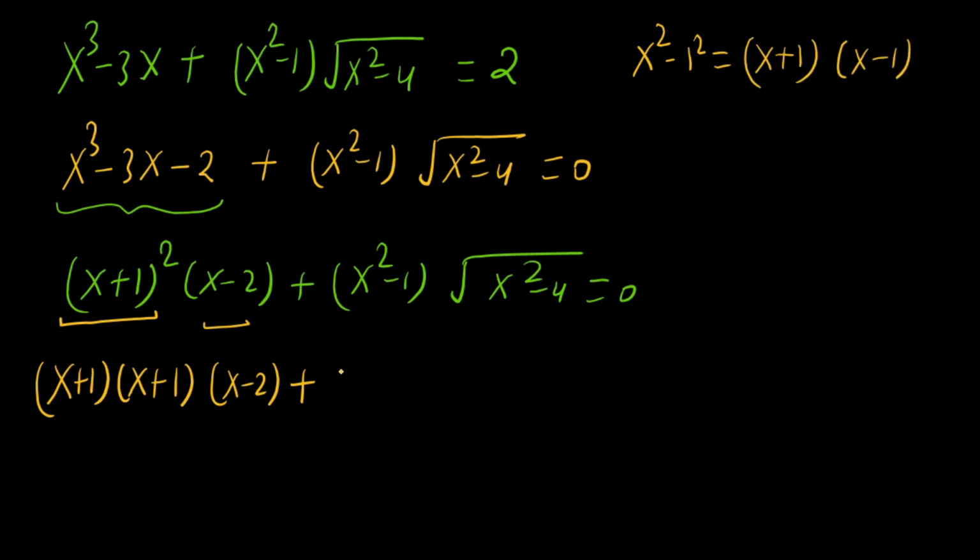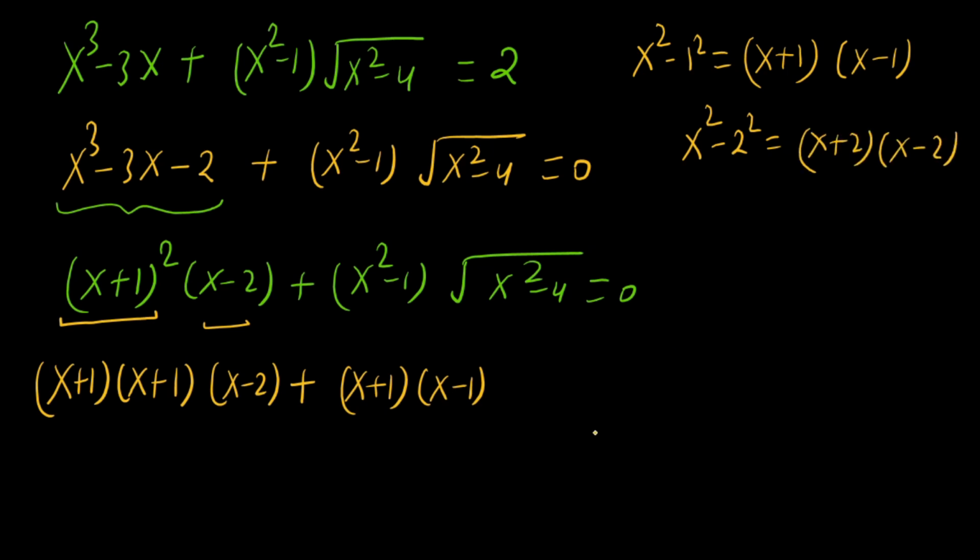If we apply this rule here, then we can say (x + 1)(x − 1). And here x² − 4 is the same as x² − 2², which is also a difference of two squares, the same as (x + 2)(x − 2). Then inside the square root, x² − 4 is the same as (x + 2)(x − 2), and this equals 0.